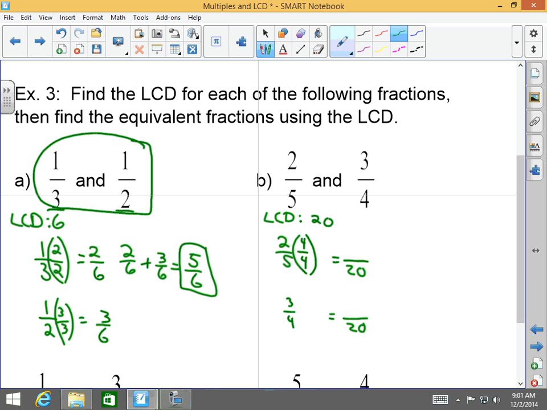So what is my numerator then? 8/20. See how easy this is, guys? But you got to actually follow directions. What did I multiply to the 4 to get to 20? 5. Very good. So what do I have to multiply to the numerator? 5. What's my numerator then of the new equivalent fraction? 15. Bam. Done.